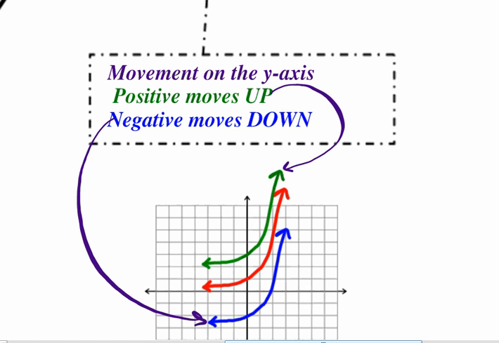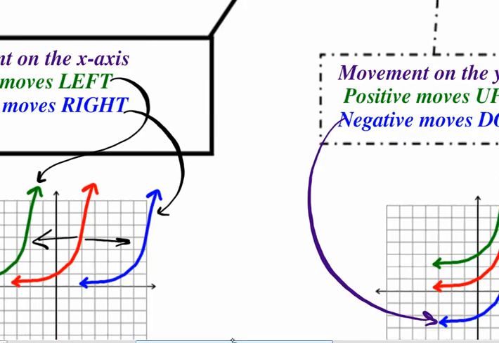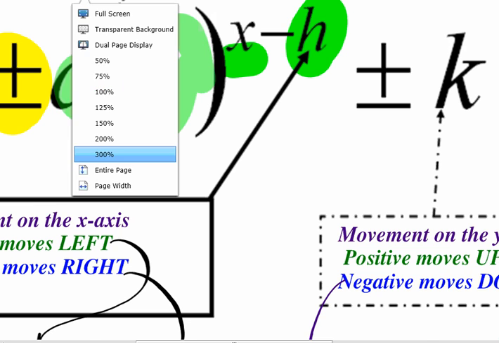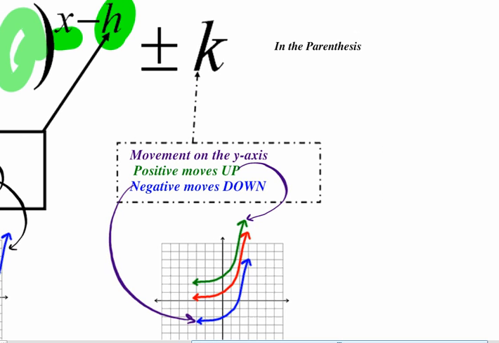Now you ask me, Mrs. Peters, why does our picture up here not have anything in the parentheses? So let's talk about what that actually is telling us about our graph. Inside the parentheses, we have some information. If that number is greater than 1, then my graph is going to increase, just like the parent graph.